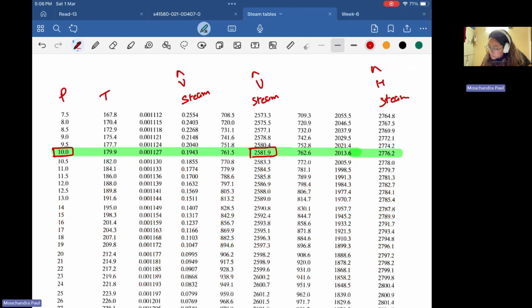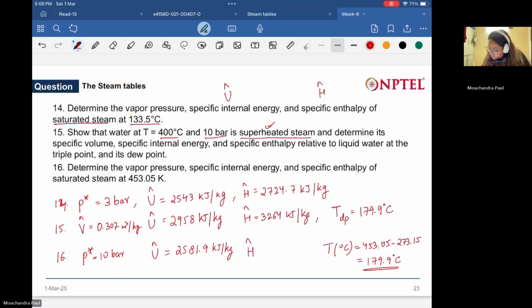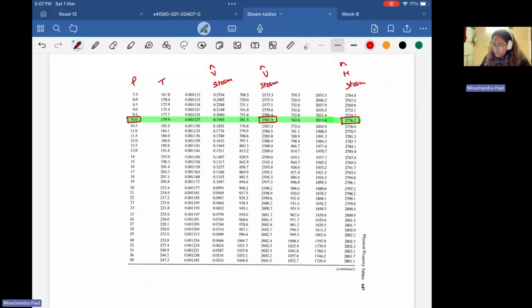Then specific enthalpy is 2776.2 kilojoule per kg. All right. So there you go. You have the values needed for this particular question.